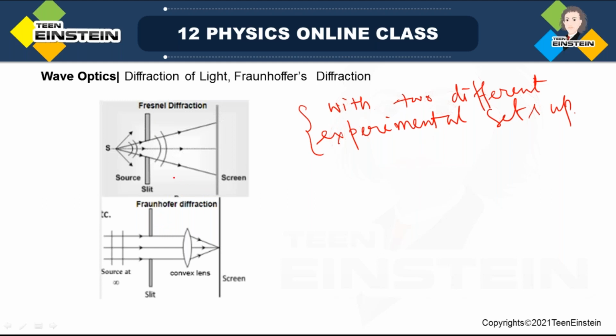So what are the differences in the experimental setup? Let us see. In case of Fresnel's diffraction experiment, this is the slit or aperture.